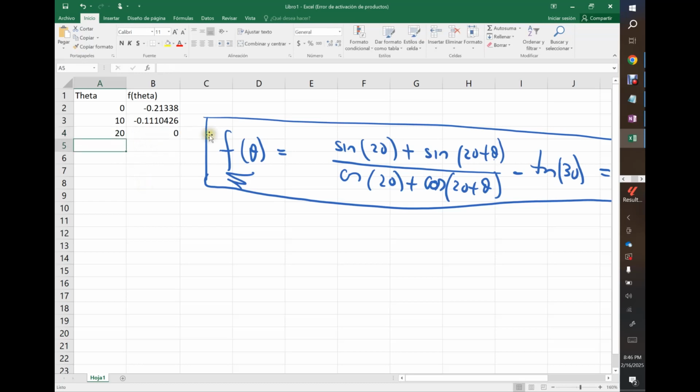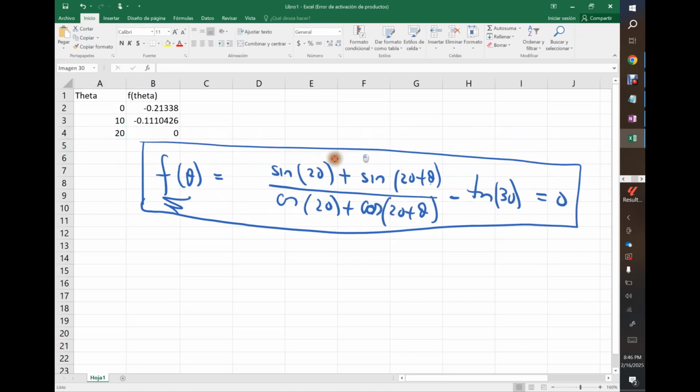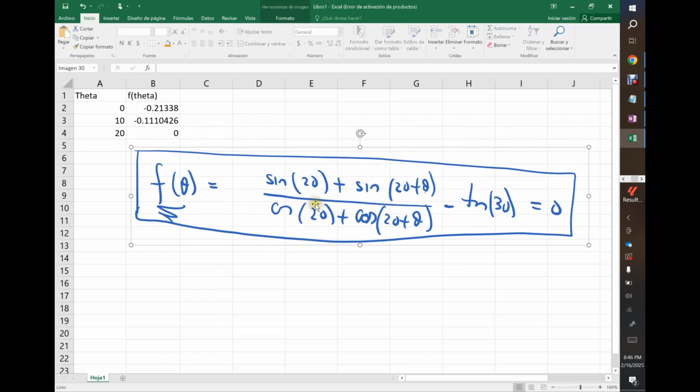So it's kind of funny, this problem ends up having the same degrees on theta, so that's what's happening here. So we end up that theta is 20 degrees on this problem.